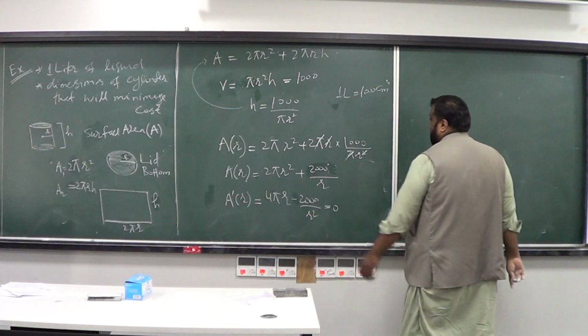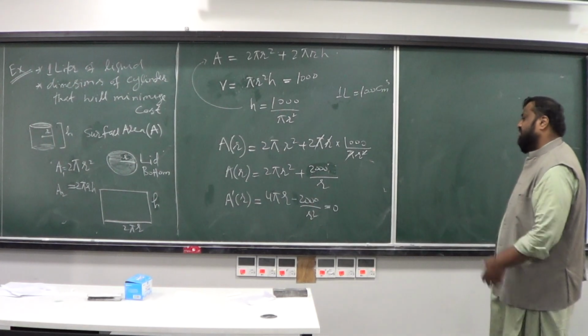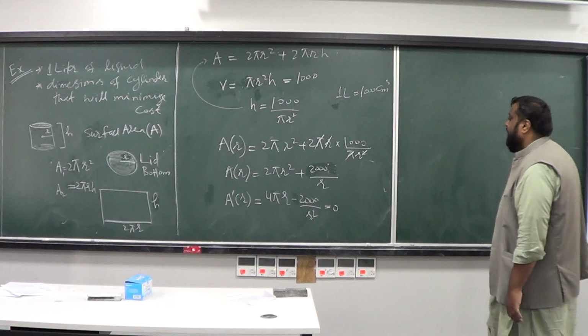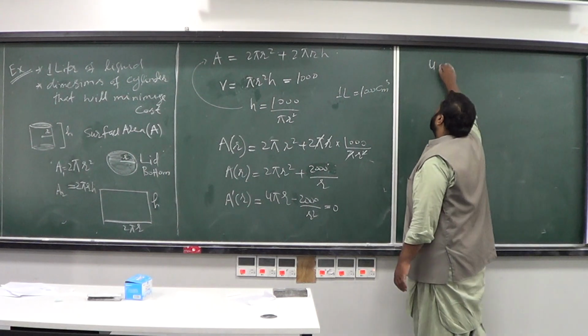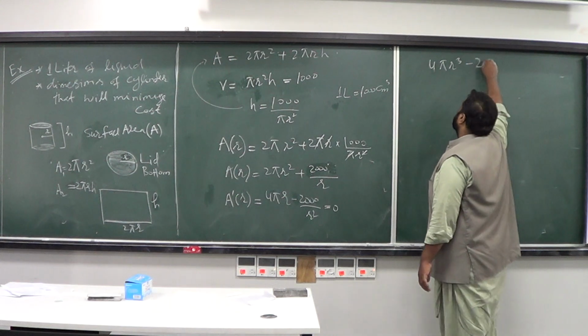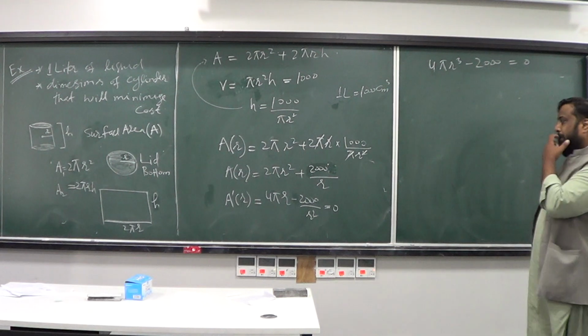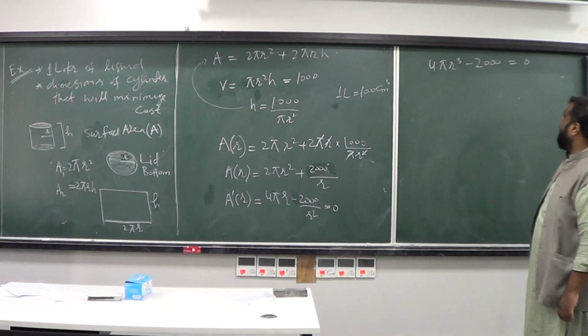For example, the first thing is multiply this equation by r square, or solve it the way you like. It's going to be 4 pi r cube minus 2000 equal to 0. This is what you're going to get.